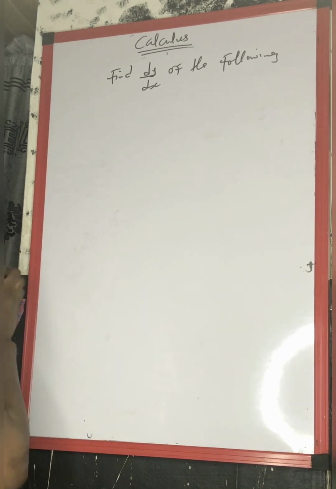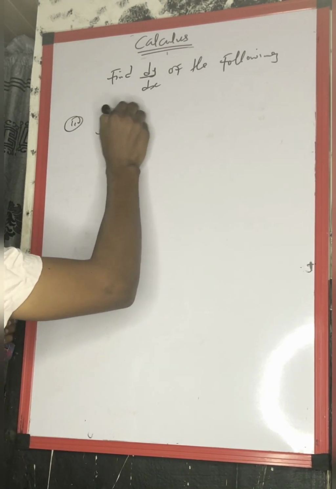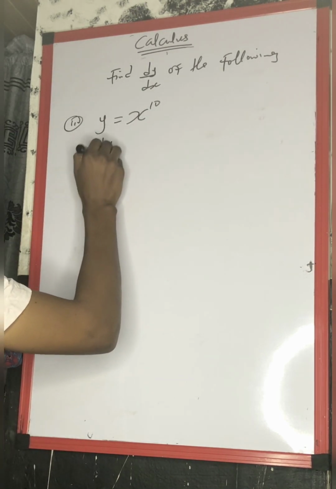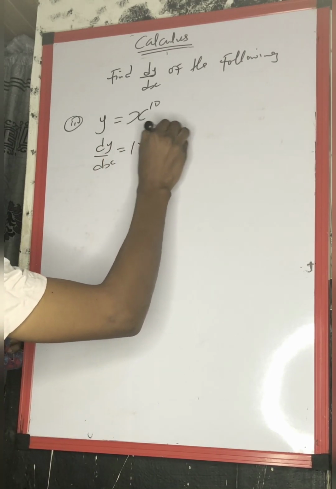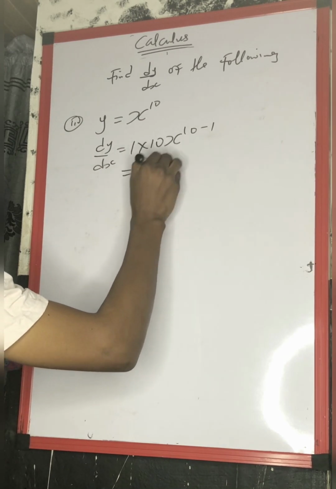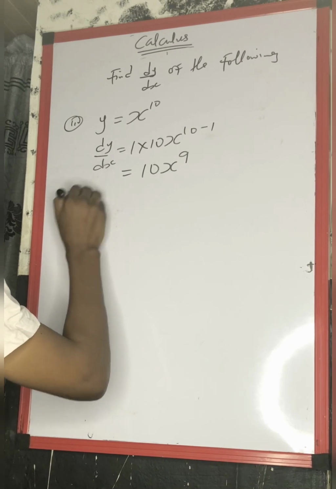So number 3, y equals x^10. So dy dx is equal to 1 times 10x^(10-1), which gives us 10x^9.